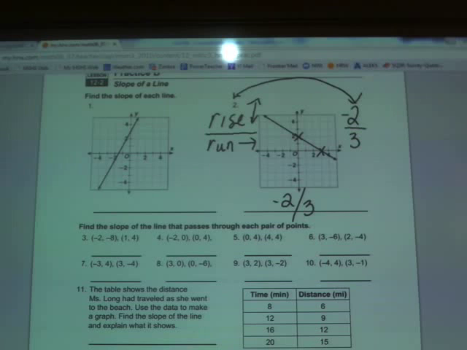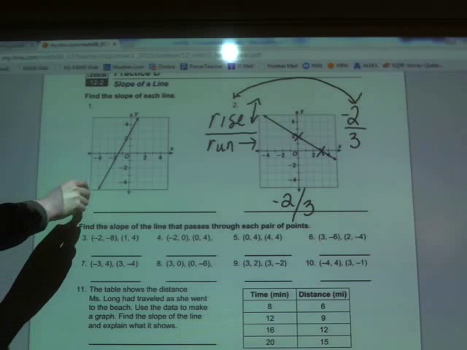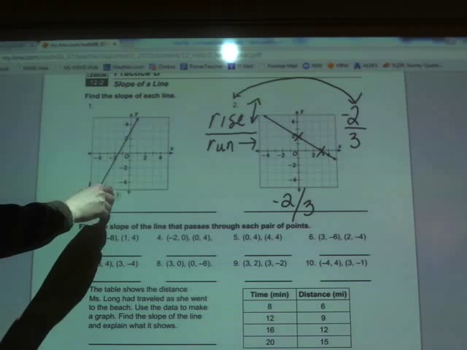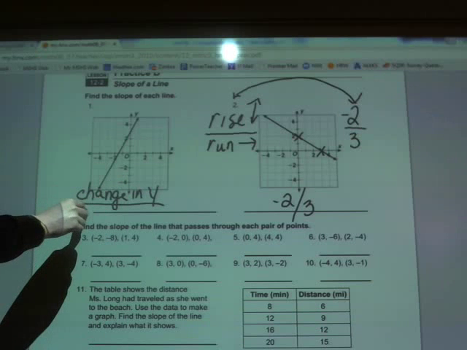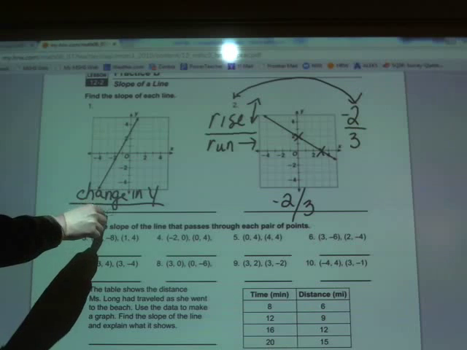All right, let's take a look at 3 through 10. These ask me to find the slope of the line that passes through each pair of points. So this is using the formula to find slope. The formula for slope says I calculate the change in y and divide that by the change in x.